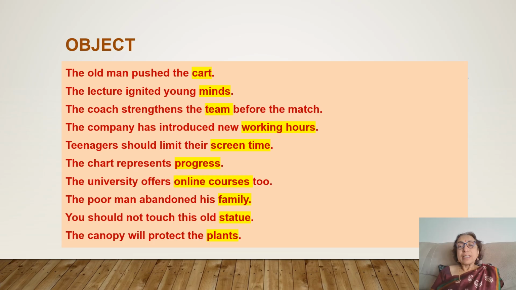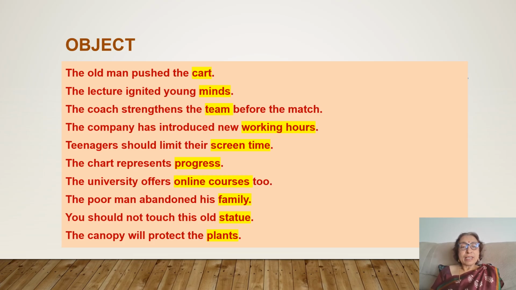The verb is incomplete without the noun behind it. It cannot make a complete sentence unless the object noun is provided. Suppose you look at all the words which have been highlighted in yellow, which are the direct object forms in these sentences. You will find how it works.